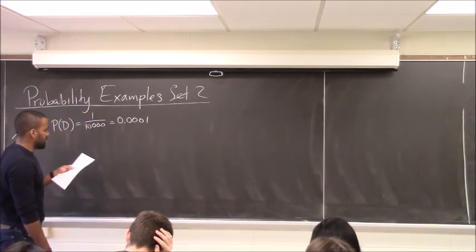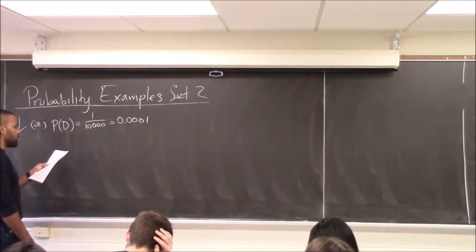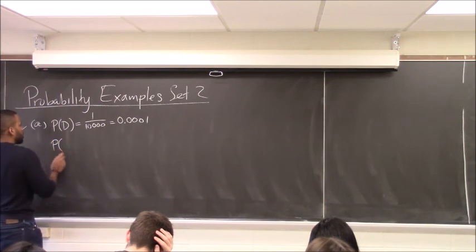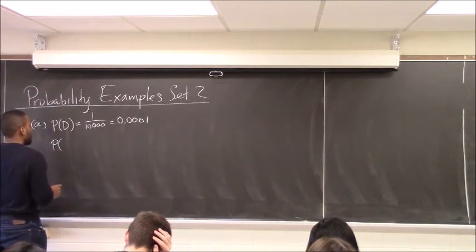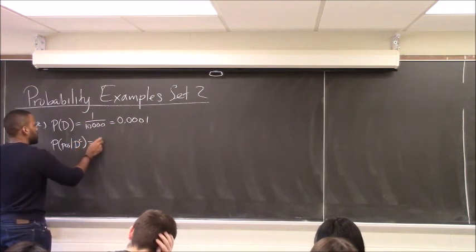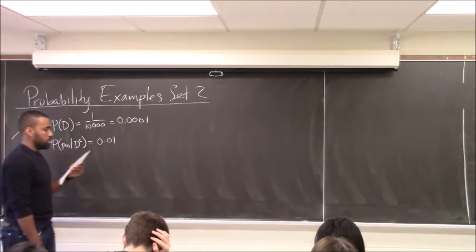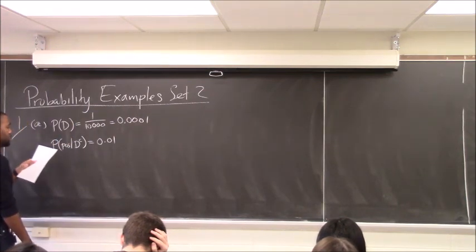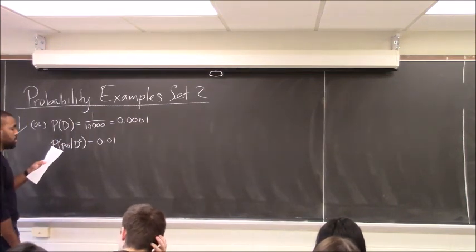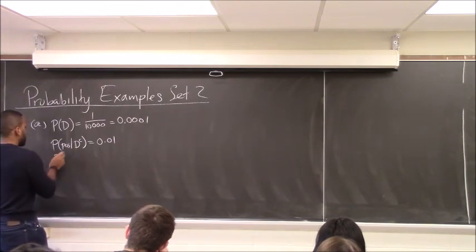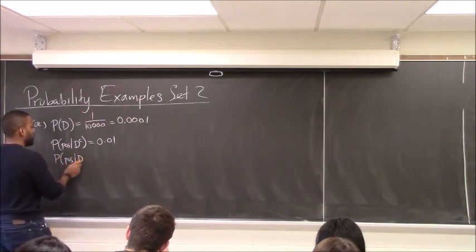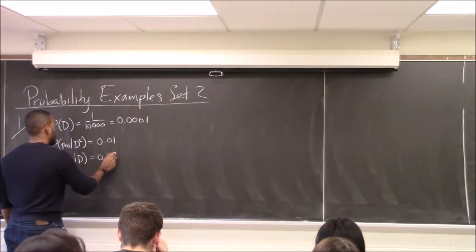Doctor says it gives a false positive in 1% of cases, which means the probability that you will test positive, given that you do not have the disease, is going to be 1%. But there's a 99% chance that if you have the disease, it will correctly identify you. So the probability of positive, given that you have the disease, is 99%.